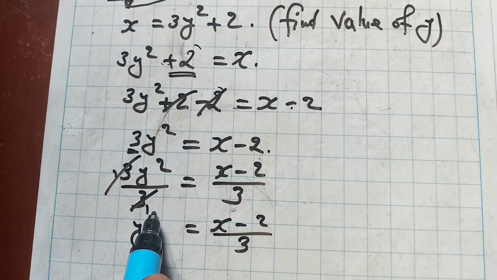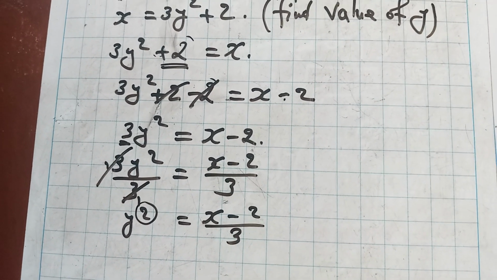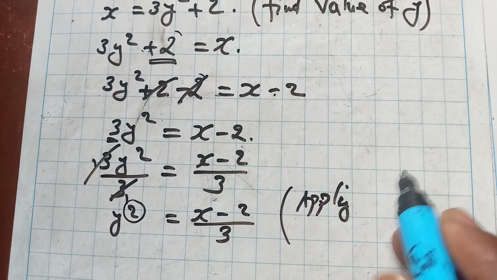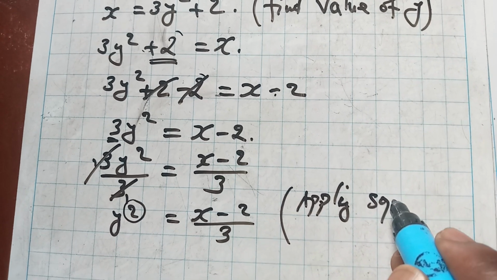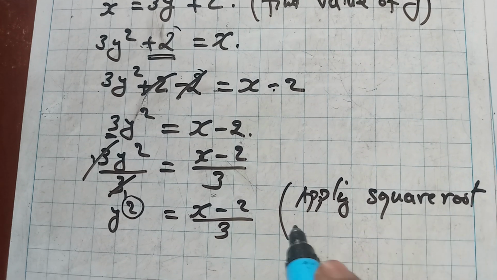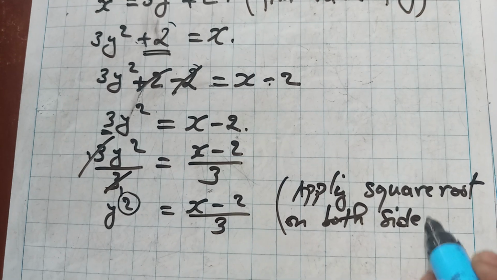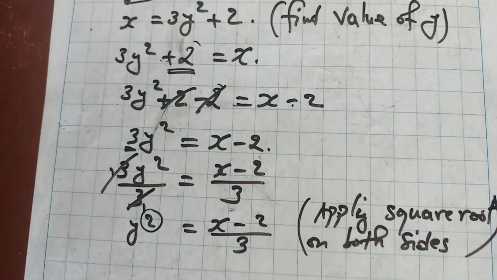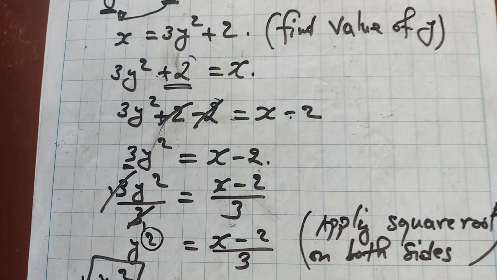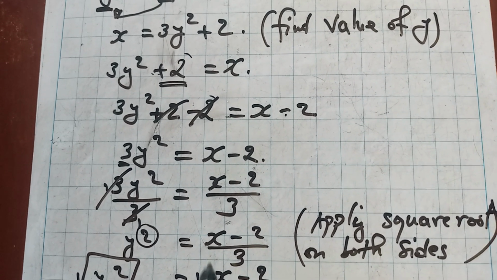Then we have y squared. To remove this square, we need to apply the square root on both sides. So you have the square root of y squared equal to the square root of x minus 2 over 3.